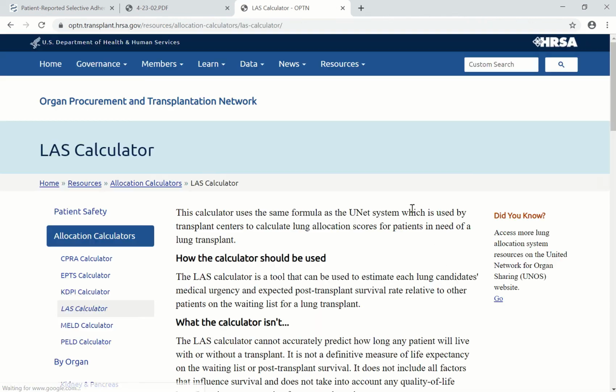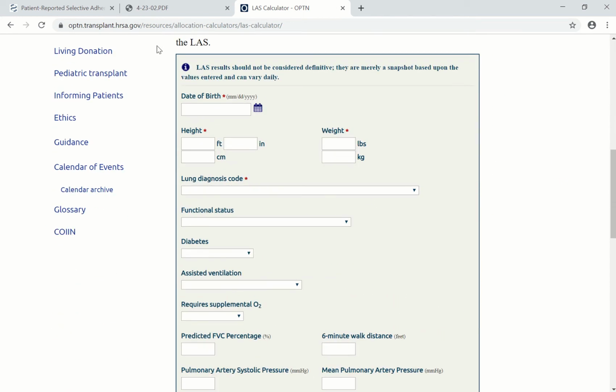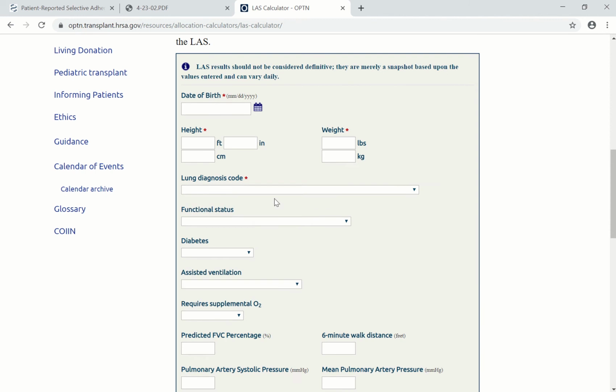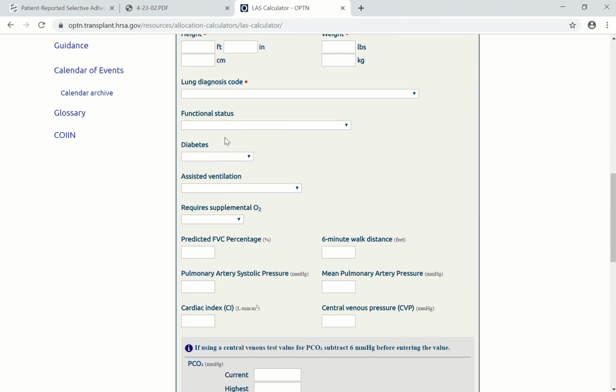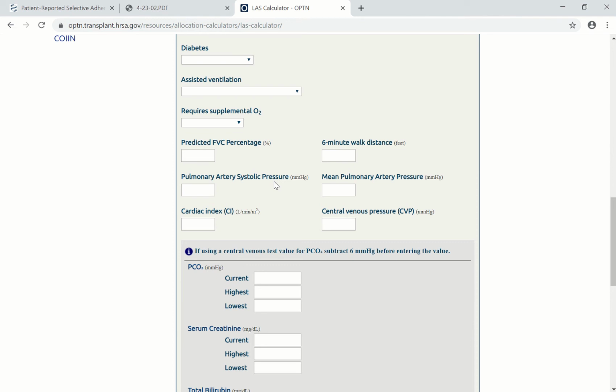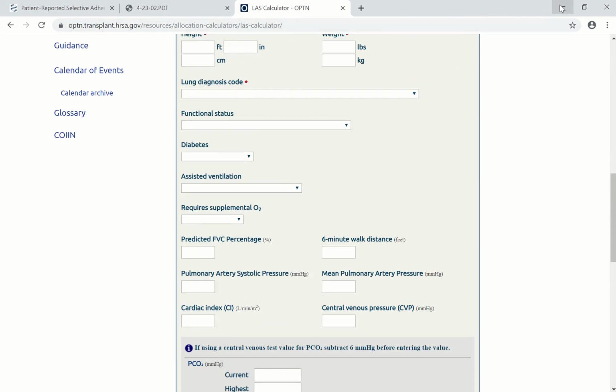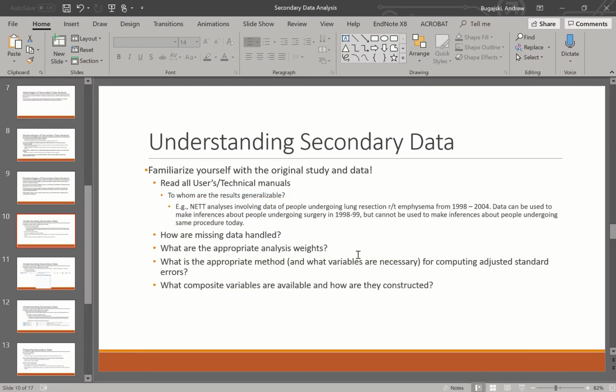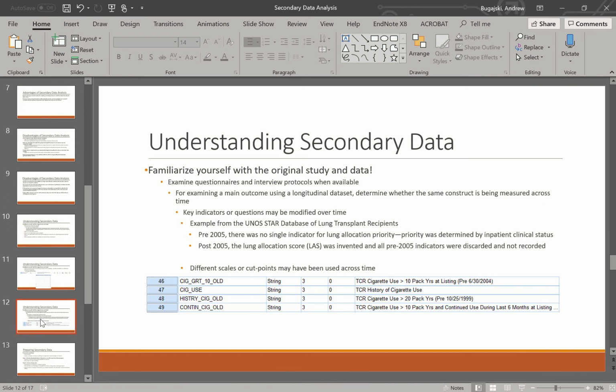This is what I wanted. So here: age, height, weight, lung diagnosis, functional status, diabetes, ventilation, O2, all of these different lung and hemodynamic indices. And that's what makes up the LAS. And some of these things are no longer recorded after 2005. So you have to just know what makes what. And if you're interested in any of those individual parameters, you might be out of luck.